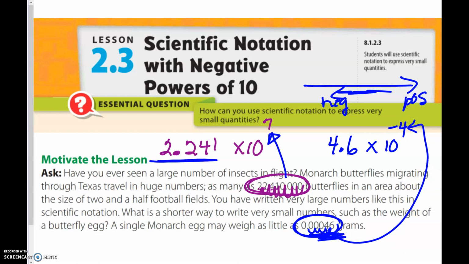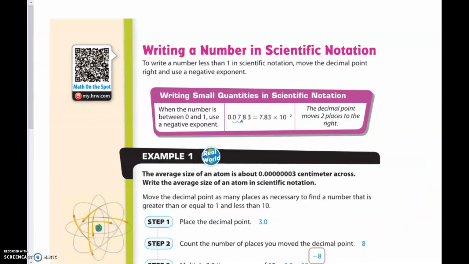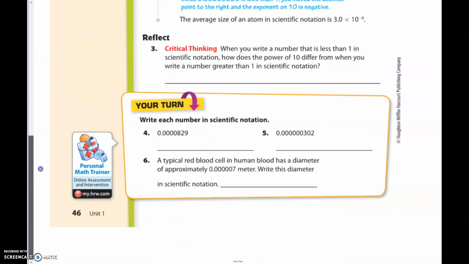Okay, so that's the big difference between 2.2 and 2.3 when talking about the numbers and how we write them in scientific notation. All right, so here we go. We're just going to practice a couple. So we have a very tiny number, 0.000829. So rule number 1, put your decimal where it goes. So we have 8.29.